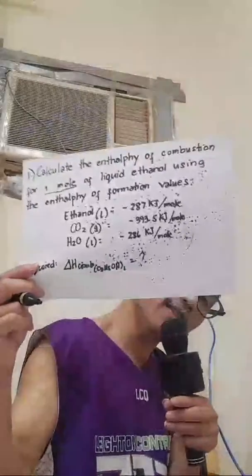So for the water, guys, liquid, negative 286 kilojoules per mole. So negative 286. I will carry now the unit. Kilojoules per mole multiplied by 3 moles in the chemical reaction. Okay, 3 moles. So cancel the moles.